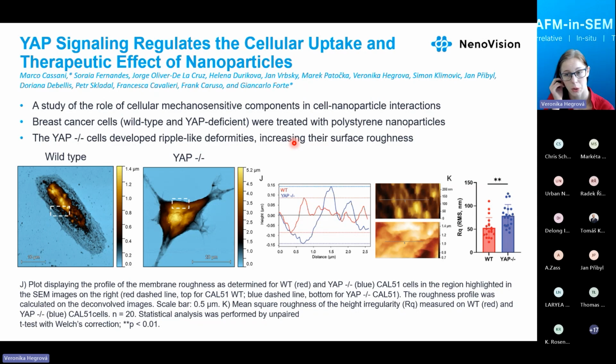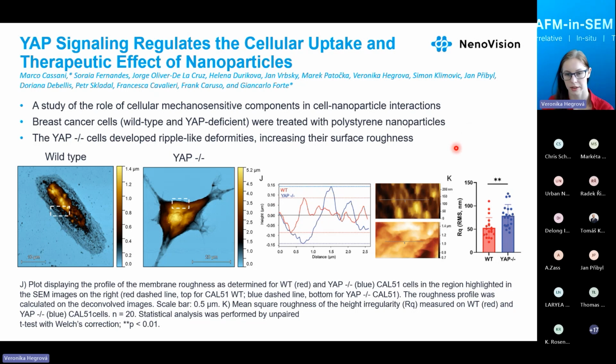The protein is a key component of a cancer cell mechano-sensing apparatus, and it is quite extensively studied for understanding the cell-nanoparticle interaction. So very much is studied: deformities, size, shape differences, surface roughness differences, because if we understand these interactions, we could be able to cure cancer one day.